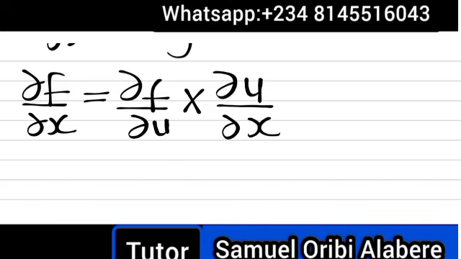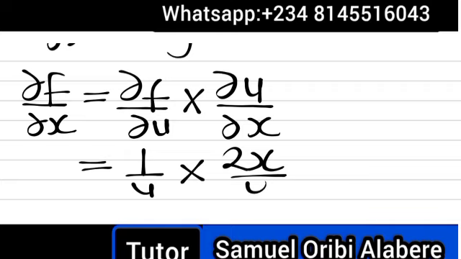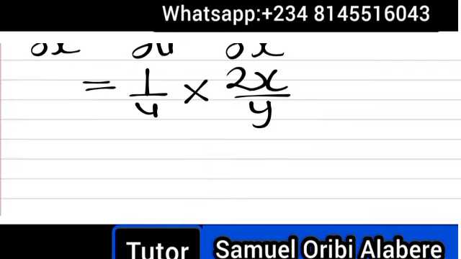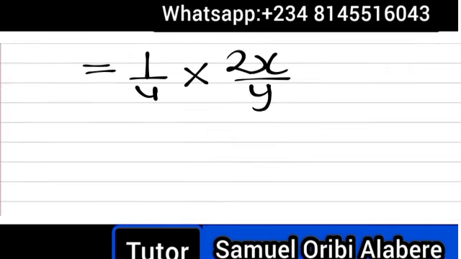So when we substitute our values that we have solved so far, which is the partial derivative of f with respect to u, which we got as 1 all over u, multiplied by the partial derivative of u with respect to x, which we got as 2x all over y, we are then going to further evaluate.